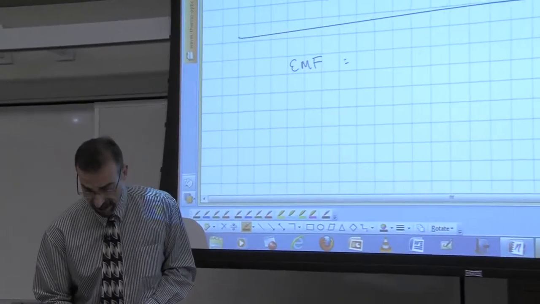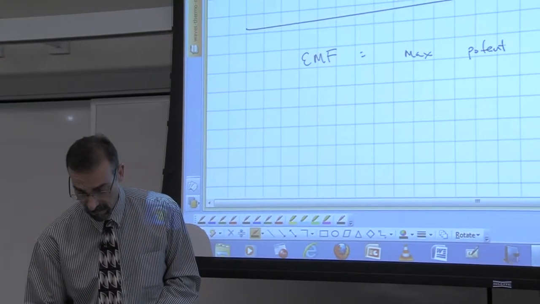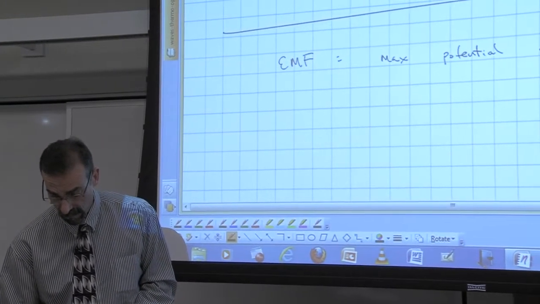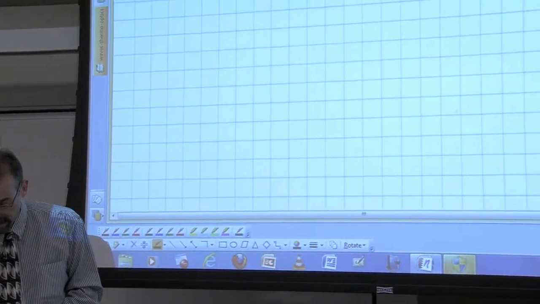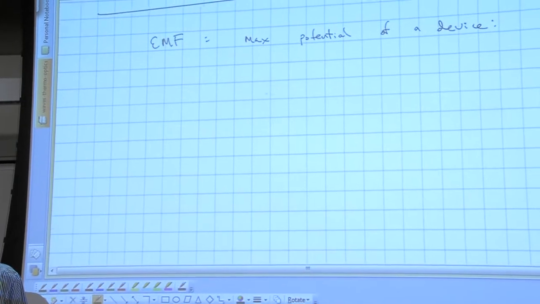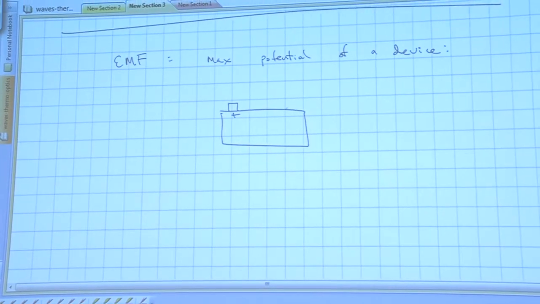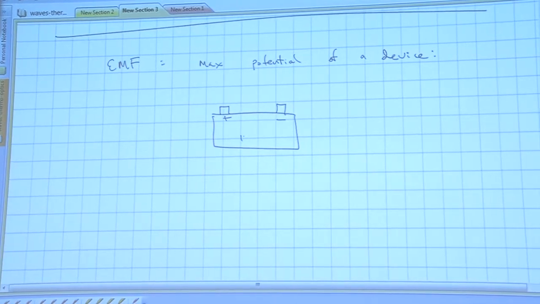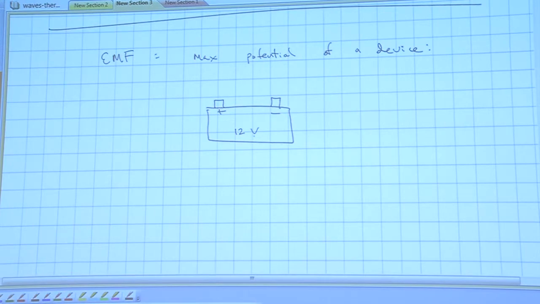So like a battery that's labeled 12 volts, your car battery maybe, the maximum it can put out is 12 volts.